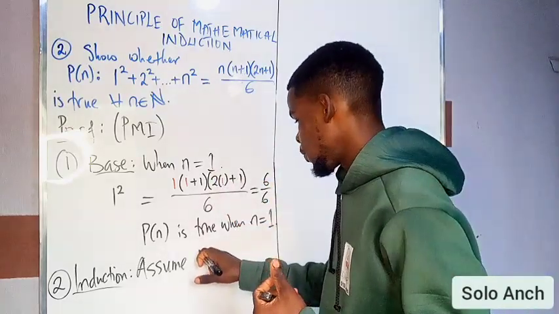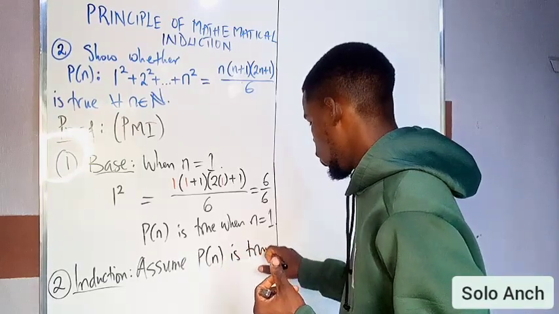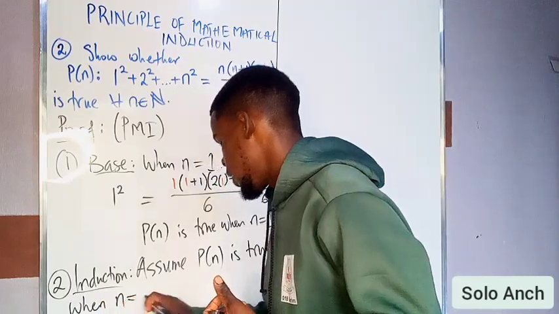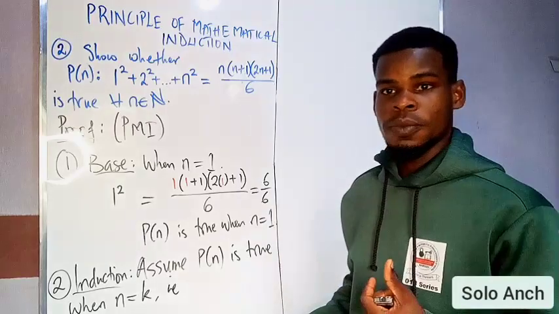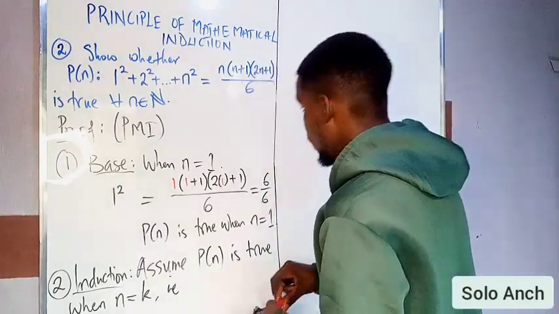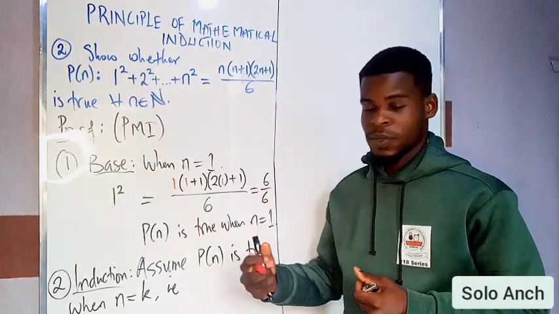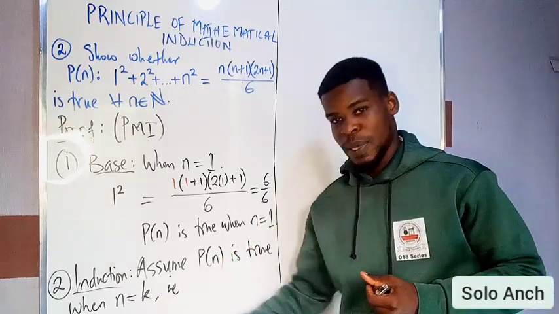So assume that the statement P of n is true when the number of elements is some k. That is, we're going to assume that when we add the first k squares together, the result will stay this way, where n is replaced by k.